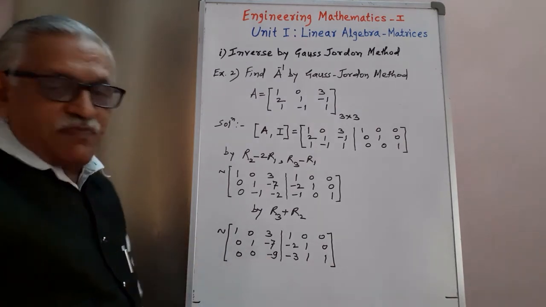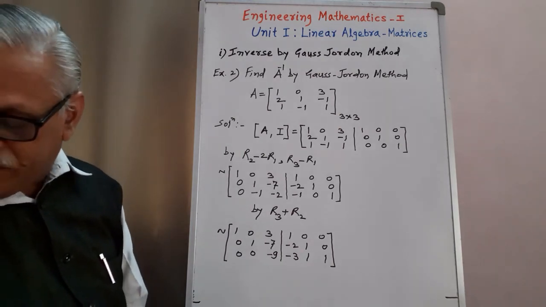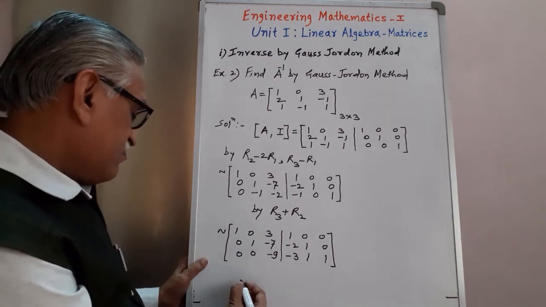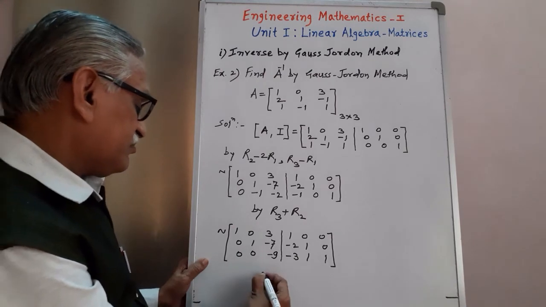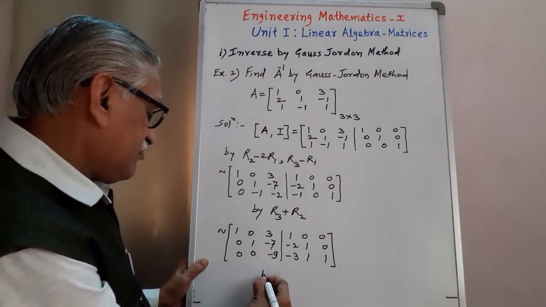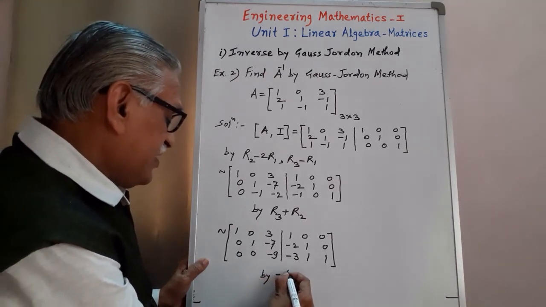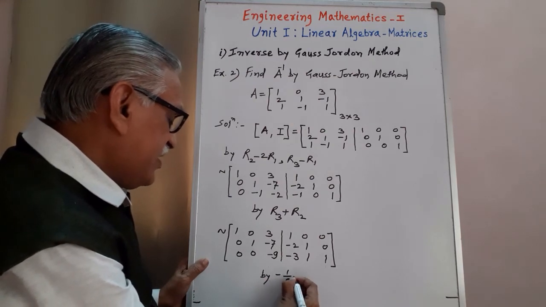Then the third diagonal element is minus 9, converting it to 1 by multiplying the third row by minus 1 by 9.